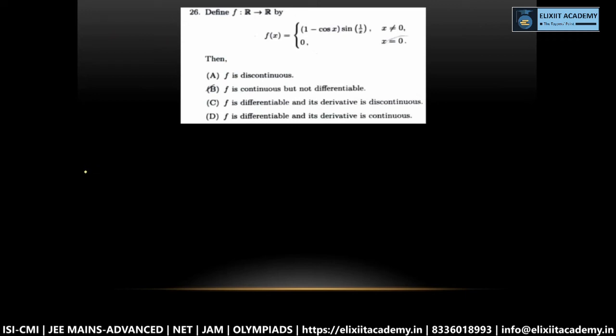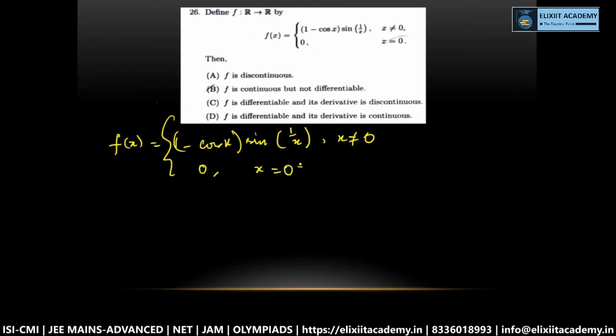This was also given in your previous mock test, exactly the same questions and the same options. And f(x) is (1 minus cos x) into sine 1 by x when x is not equal to 0, and 0 when x is equal to 0.